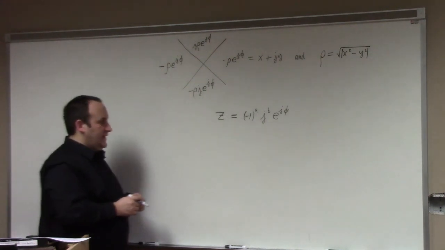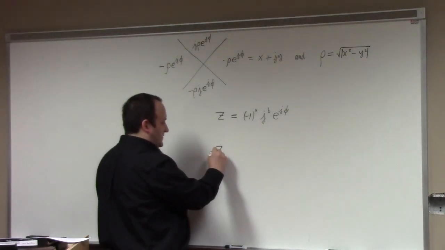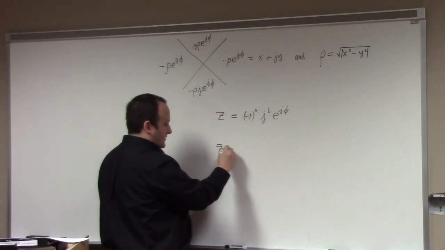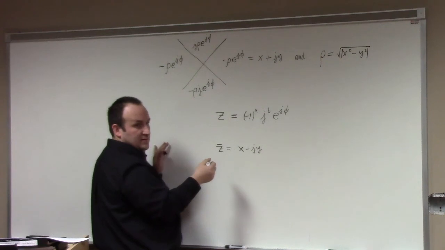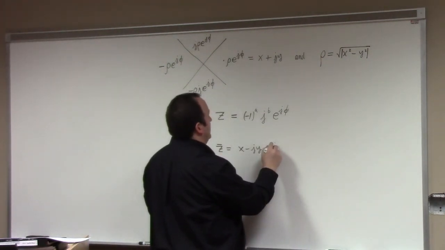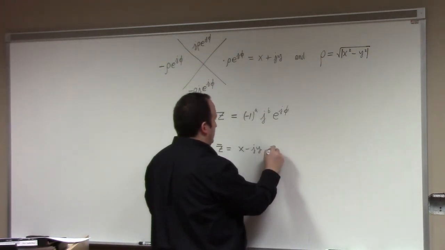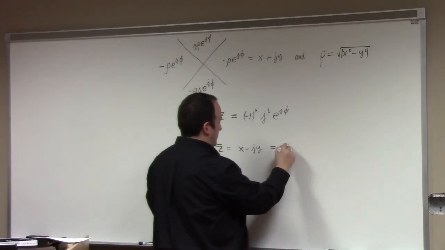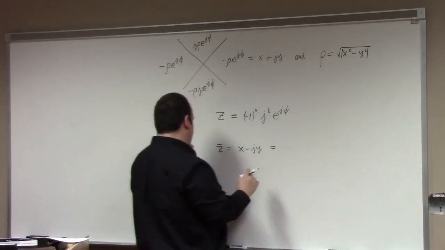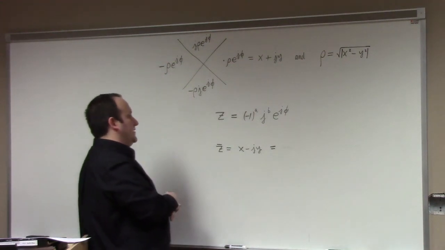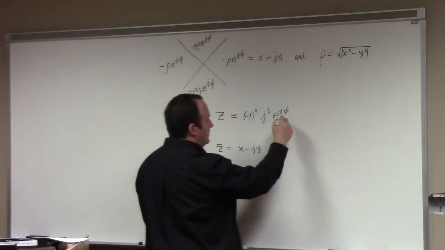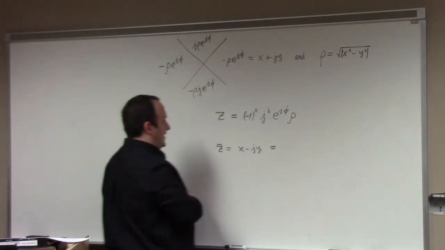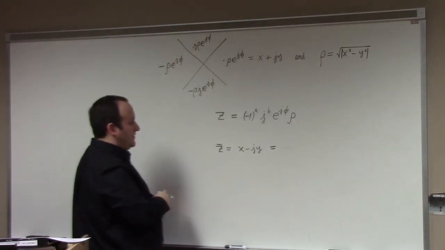And so if you look at, for example, z bar, it is equal to x minus jy by definition, and it's also equal to, well, the point here is, I have to be careful. Oh, I forgot a very important thing up here: rho. Kind of burying the lead there.